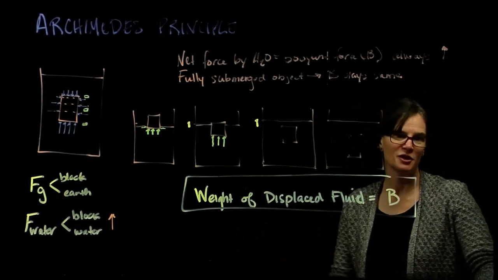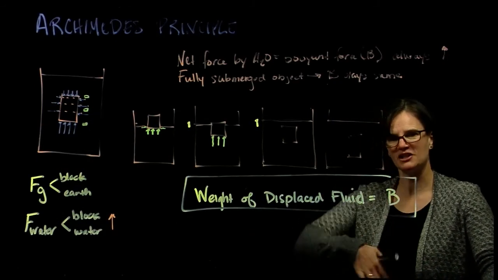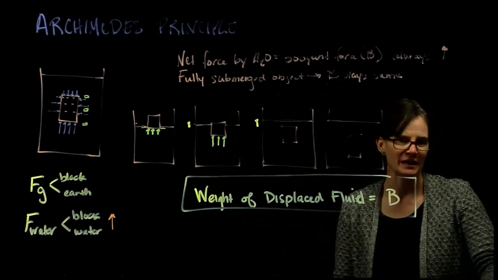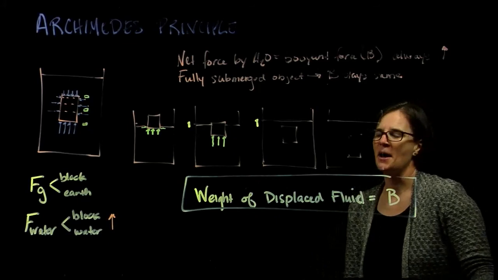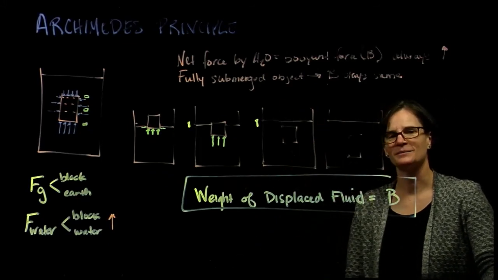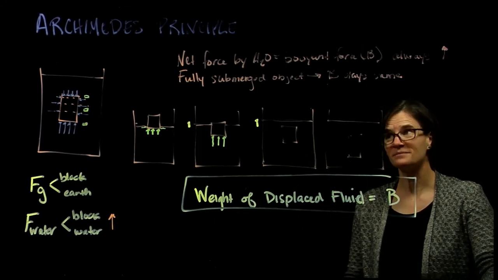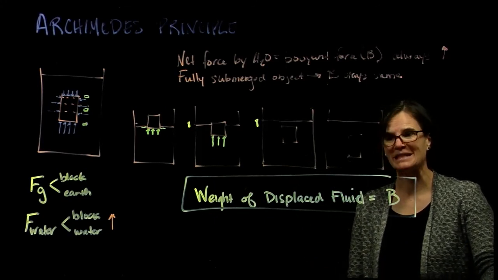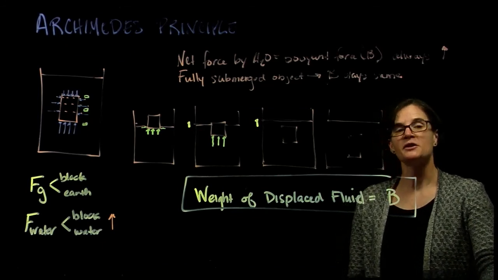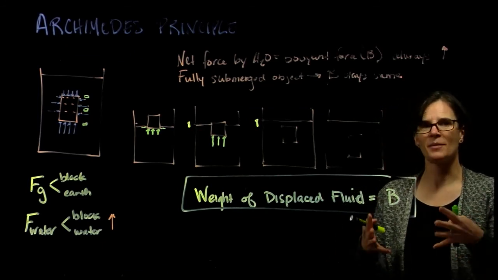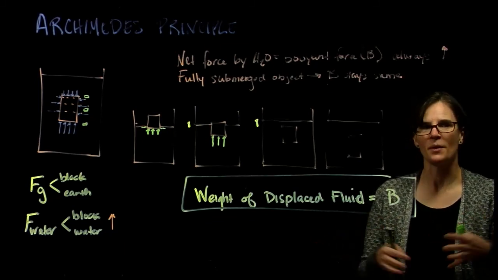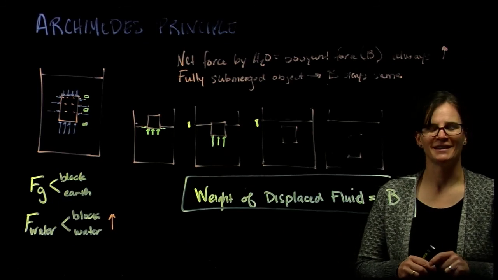It's the famous Eureka story where Archimedes jumps out of the bathtub fully naked, runs through the town and says Eureka, which means I figured it out. And it's a fun little story, but it talks about this idea of the buoyant force and that the buoyant force is equal to the weight of the displaced fluid. So if we're able to weigh how much of that fluid is displaced, we can then determine what the buoyant force on that object is.